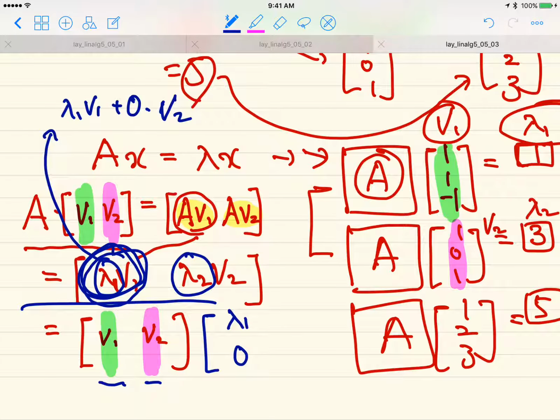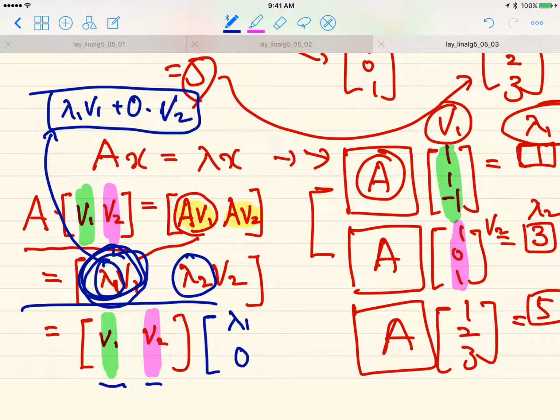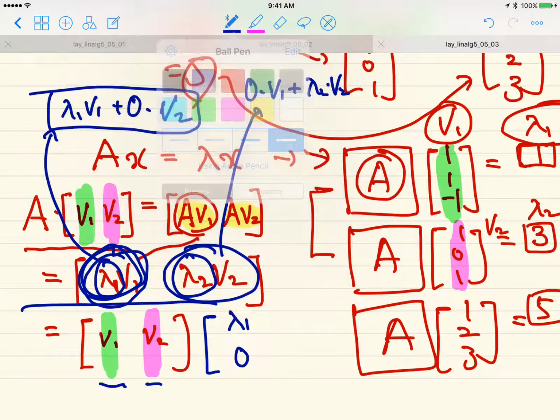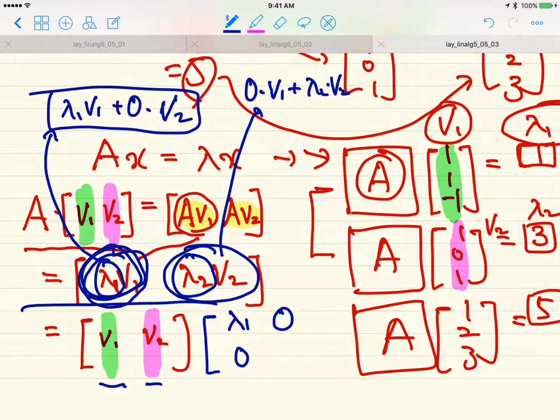Okay, so that way we obtain this linear combination coefficient, right? And then what about this part, lambda 2 times V2? Similarly, we can represent it as 0 times V1 plus lambda 2 times V2, right? And so the linear combination coefficients will be 0 and lambda 2, right?